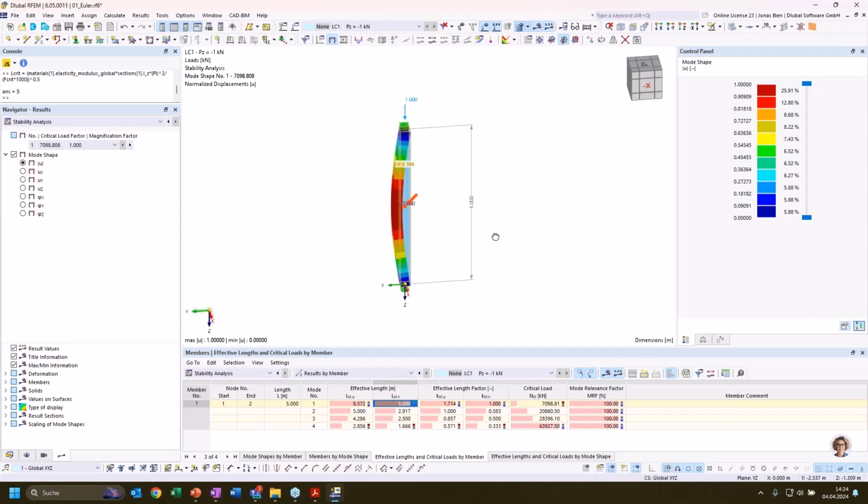Now we have to take care, or be a bit cautious. If we took the critical load for buckling around the weak axis and evaluated the effective length for the strong axis, that would just be wrong.